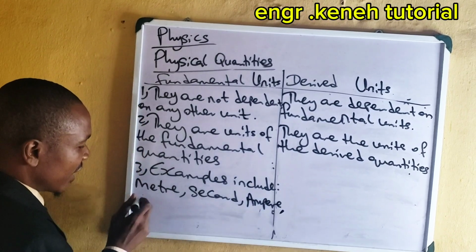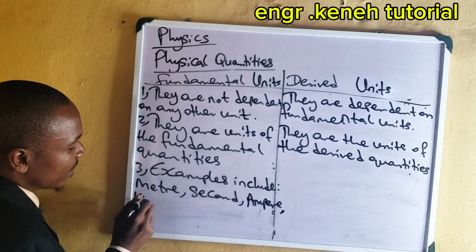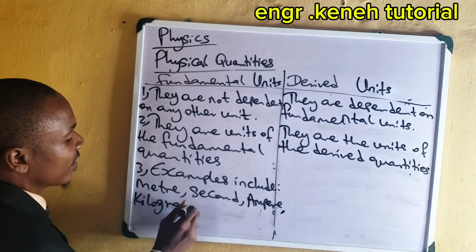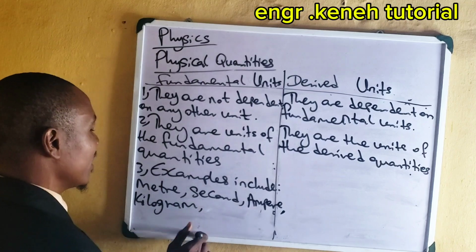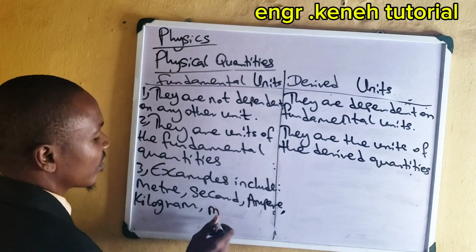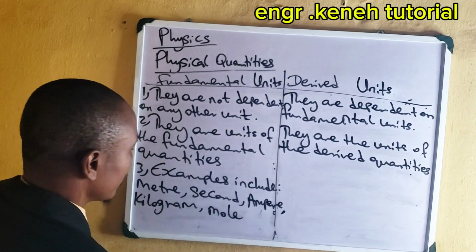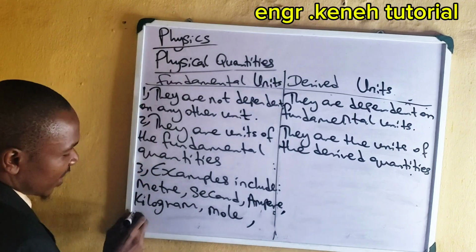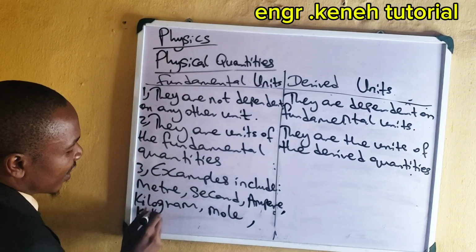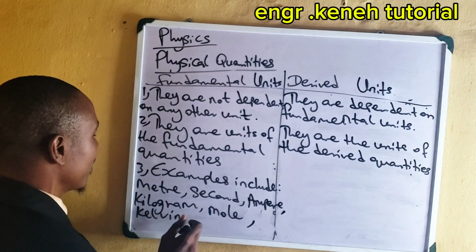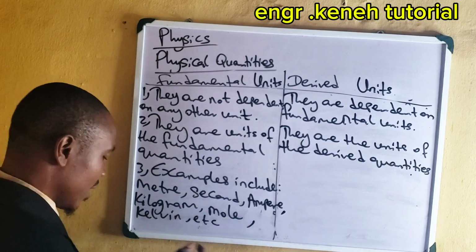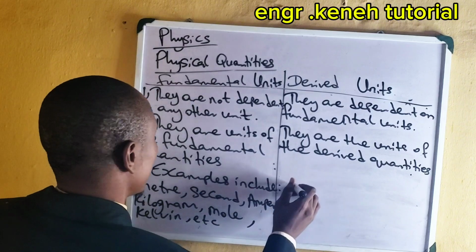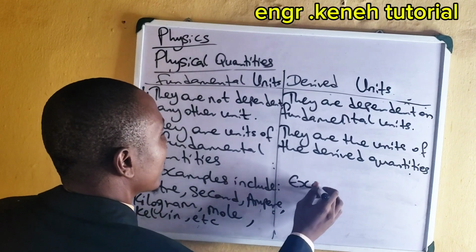Then I have kilogram, that is a unit of mass. I have mole, that is the unit of amount of substance. I have Kelvin, that's the unit of temperature.